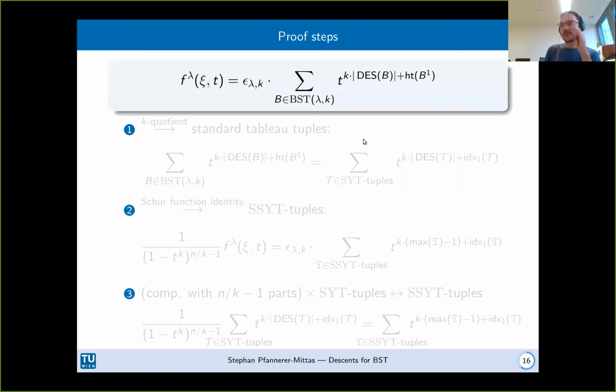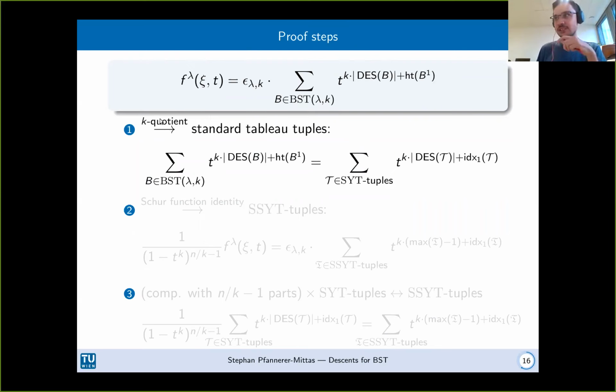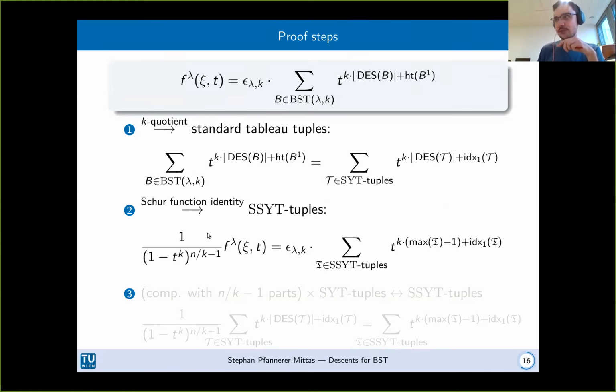So the proof steps here on this slide, for the moment, just ignore all the formulas because this is far too much. But in the top box here is just the result that we had. So this is what we want to prove. And the statistic, to recall, this was k times the number of border strip tableaux plus the height of the one strip. We will now use something that's called k-quotient to manipulate the right side and rewrite this as a different sum. Then we also want to manipulate the left side. For this, we'll use Schur functions and some identities.